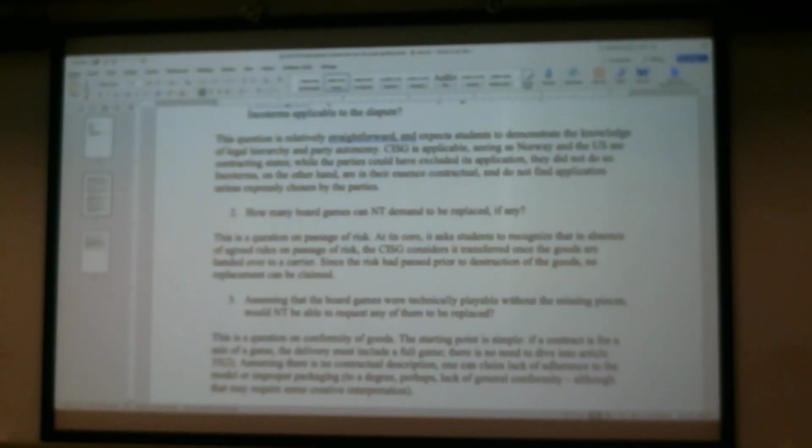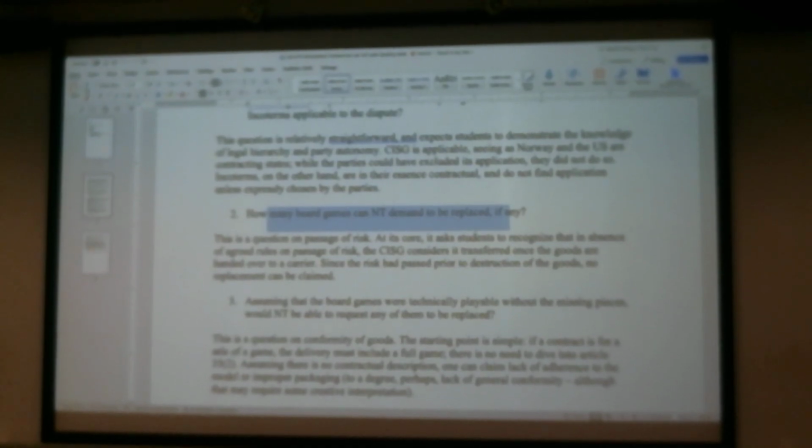Fine. How many games can they demand to be replaced? So here, the first instinct is to think, well, they have purchased this amount of games. Some of them were missing pieces before they received them. And in any case, they should receive the games in line with the contract, in line with the model.